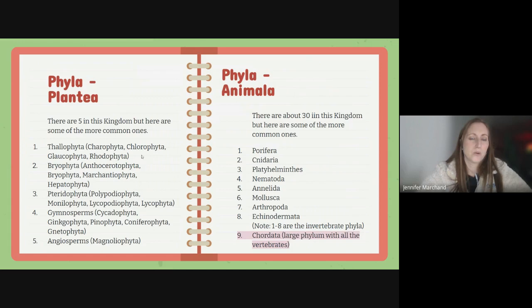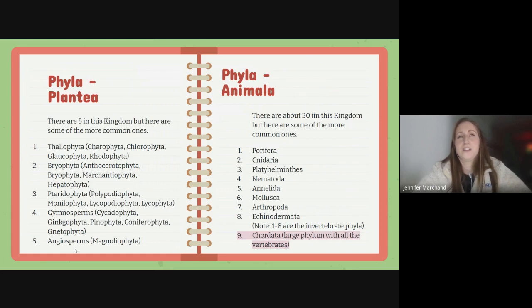This chloro right here, I know we haven't studied plants yet, but we have studied what is inside a plant, and that chloro to me sounds like a chloroplast, so I bet you that has to deal with plants that make their own food. But there's all sorts of different plants out there. These angiosperms down here, we'll find out a little later when we talk about plants, but that's going to refer to mosses, okay? Just really interesting stuff.